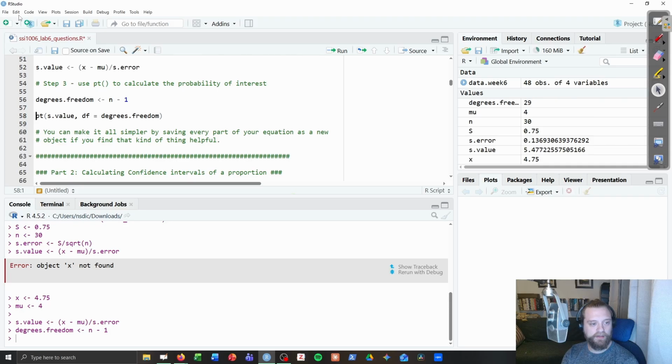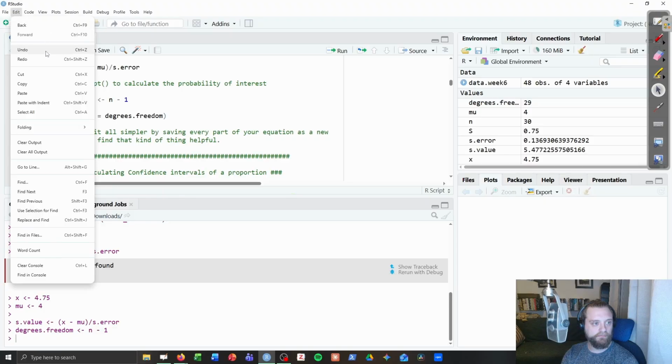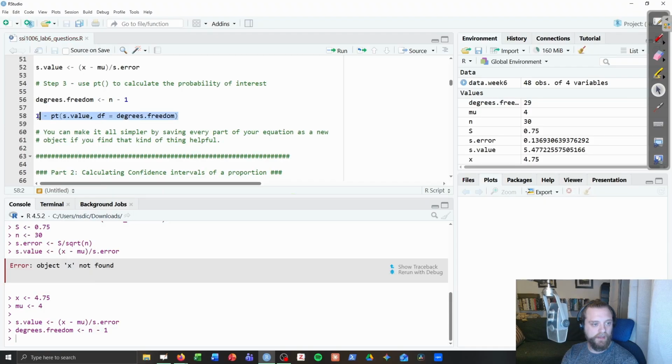But we're interested in what's the probability of getting a sample mean of more than 4.75. So let me just undo that. And let's calculate this value.